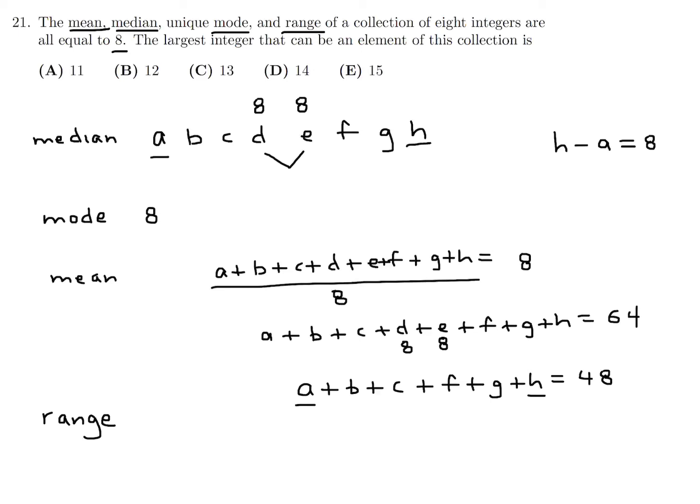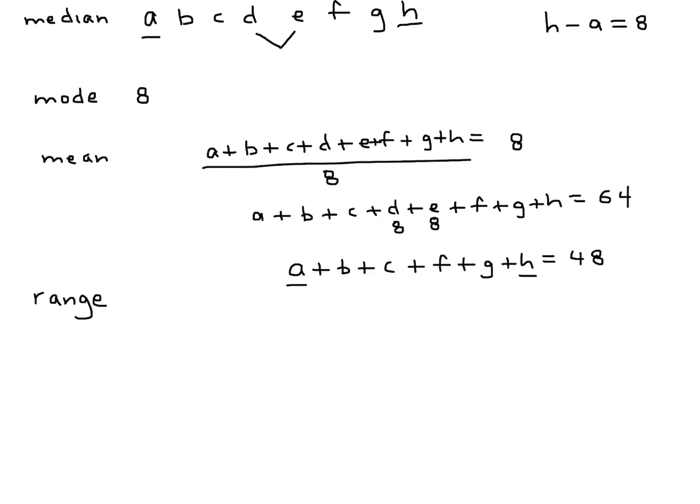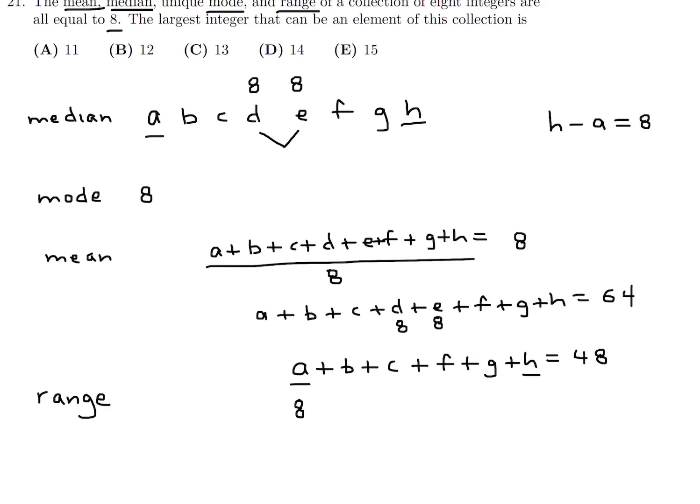So let's now see what we can find. This is all trial and error at this point. So if we have, let's say, 8 for A. Remember, we can't go higher than 8, because if we go higher than 8 for A, then this is no longer going to be the median.